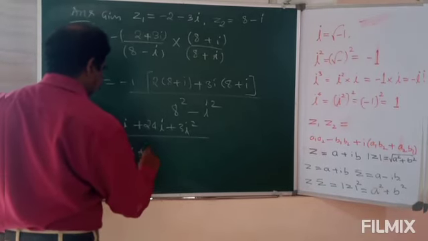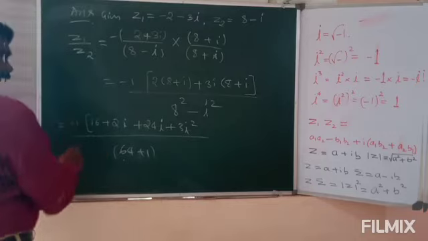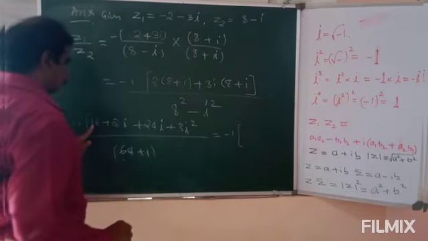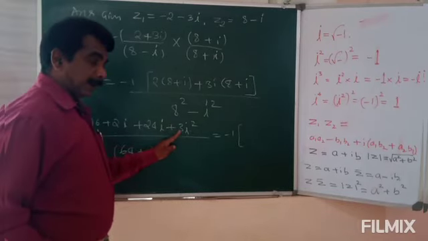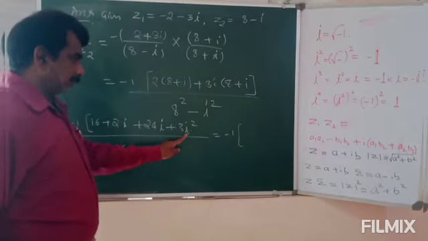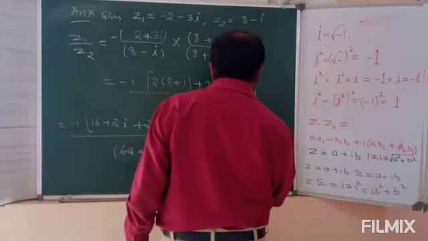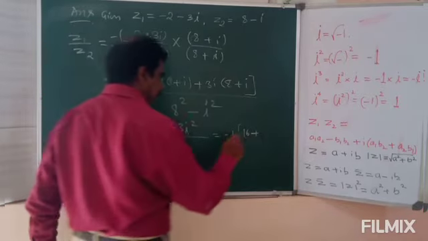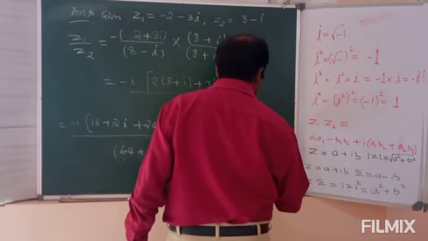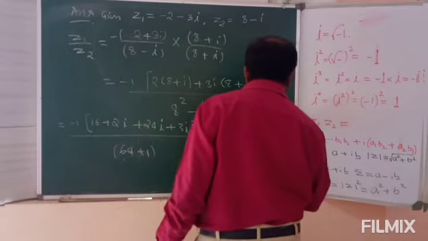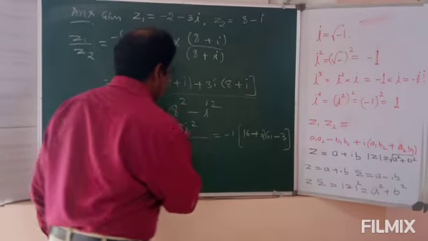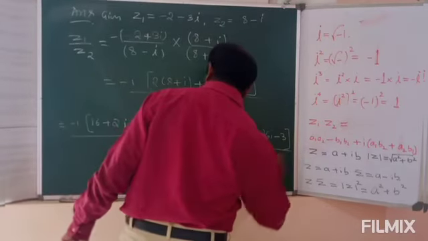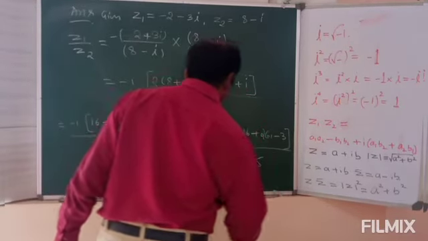Because 8 square plus 1 is 64 plus 1. Okay. Now minus 1 into 16 minus 3, because i square is minus 1. 16 plus 24 plus 2 is 26i, minus 3, because the value of i square is minus 1, divided by 65.